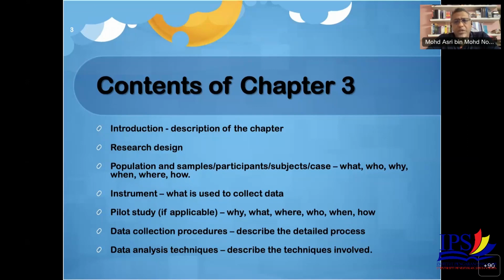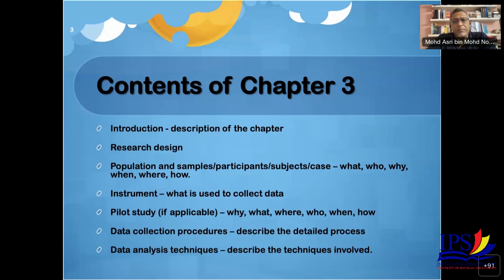If it is an adaptation of somebody's research, please mention the adaptation. If you have made some adaptation, which I don't encourage, but if you have, please explain how the adaptation has been made, why it has been made, and what process it has gone through. Because when you want to make an adaptation, there is a process that you have to go through.